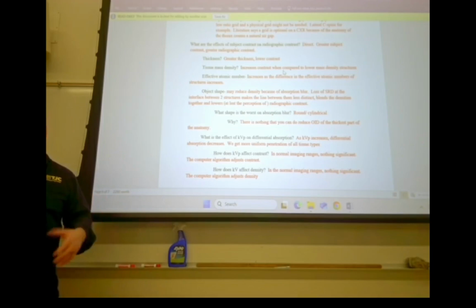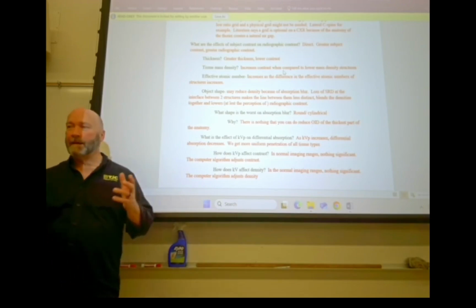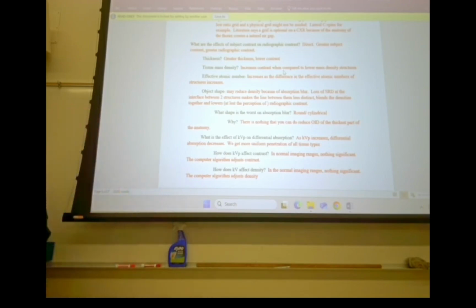Bone and air, high contrast. Bone and soft tissue, lower but still high contrast. Soft tissue and soft tissue, it's a gray mess. You may be able to see certain things, psoas muscles, kidneys, things like that, but very, very low contrast.